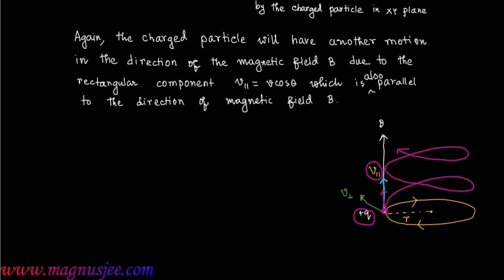As a result, this charged particle will describe this type of helical path about the z-axis, which is parallel to the magnetic field.